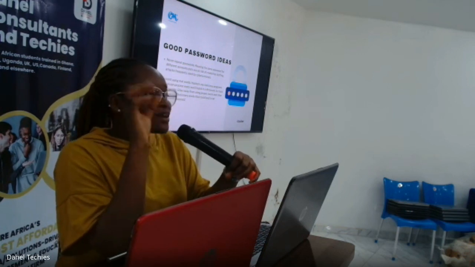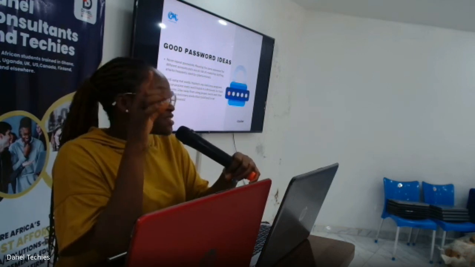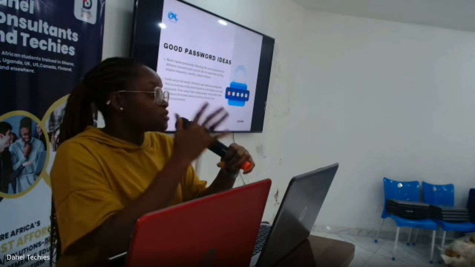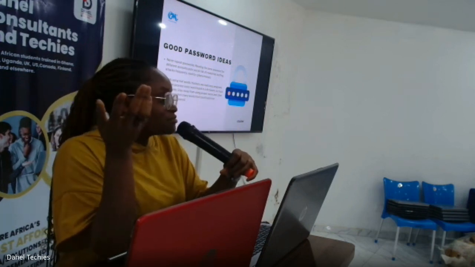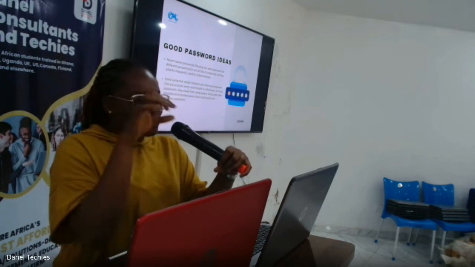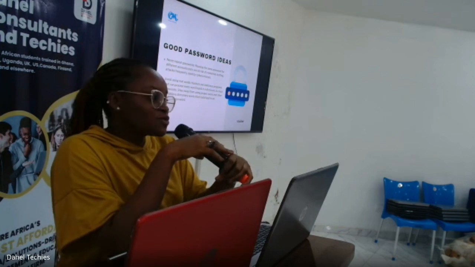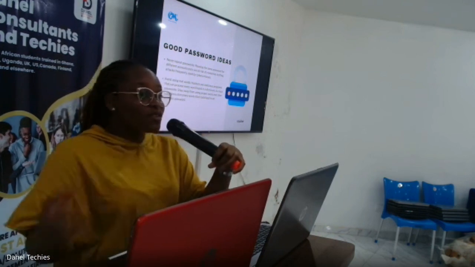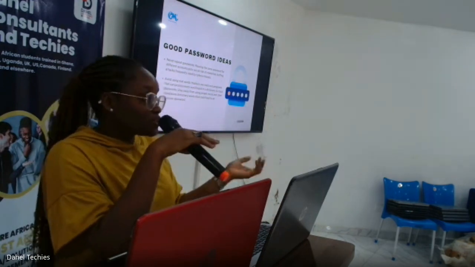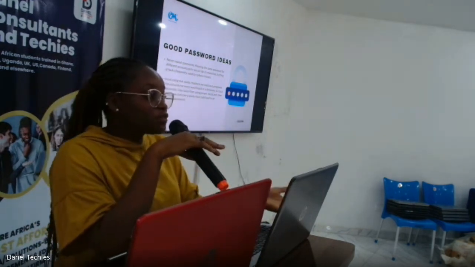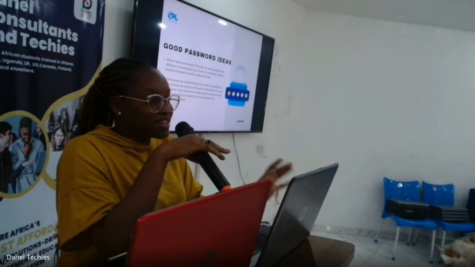Then, instead of using "techniques," just use CH from "techniques." You add it together, and then you add a number, probably two digits from your phone number, not necessarily the last two digits, because the last two digits are very shady. You can take any digits from your phone number and make that password. That is a safe password and it's difficult for them to detect.